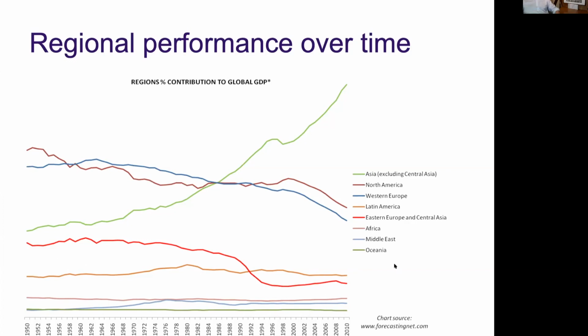Africa, Middle East, and Oceania are all on a lower level. The Middle East had a little bit of a boost and a decline, then relatively stable. What you would see in the last 10 years is actually a decline as well. So we do see that especially this Asian region is really the driver of economic development.